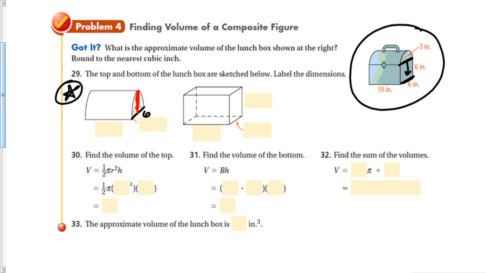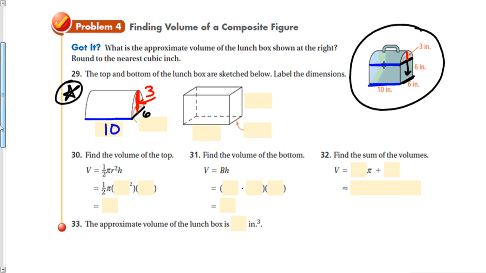I go to the composite figure right here, and that is 3. That makes sense with the 6 being the bottom, because that bottom is the diameter of that circle. The next thing I need to label is across here, where the latch is on my lunchbox, which should be the same as 10 at the bottom. So this is going to be 10.